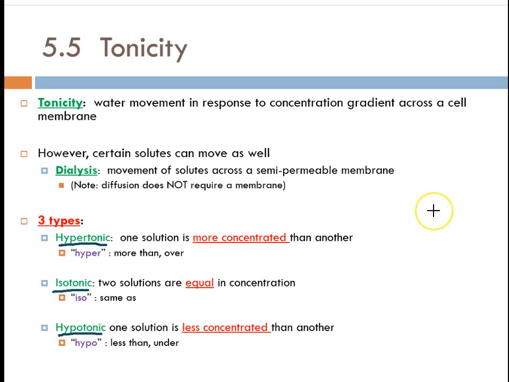With hypertonic, one solution is more concentrated than the other, and there's going to be a movement of water. In isotonic, it's going to be equal concentrations on one side of the cell and the other side of the cell. And hypotonic is one solution is less concentrated than the other, and water will move into the cell, and then eventually the cell will explode.